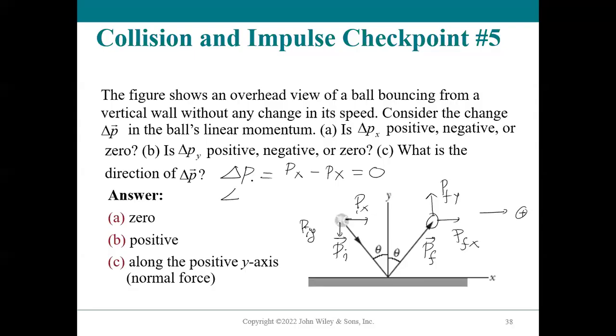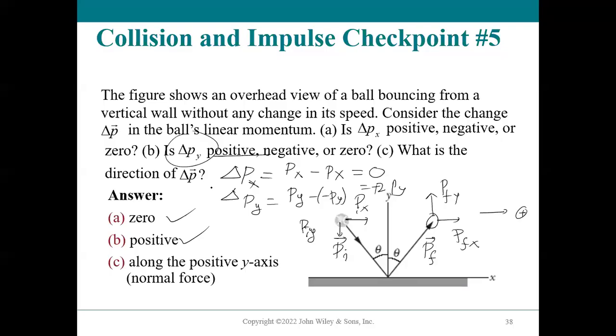But for delta Py here, the final is positive Py, but the initial is negative, minus Py. So it becomes 2Py, so delta Py is positive 2Py. But delta Px is equal to 0.